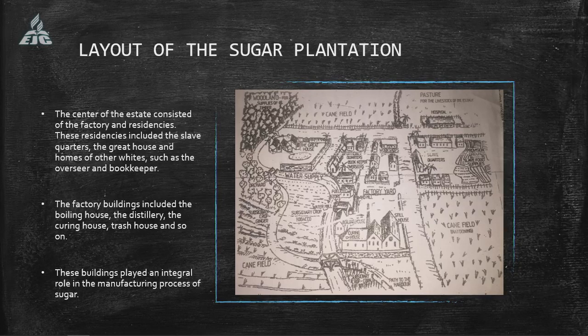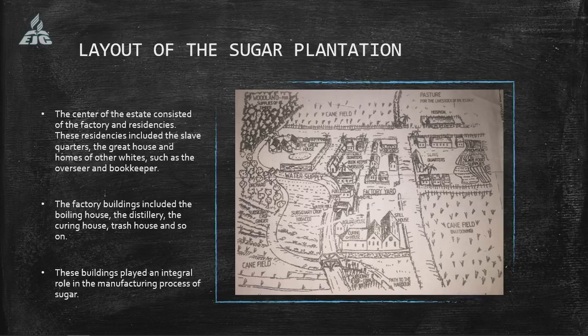We have the great house that was far distant away from everyone else. And then we have an area where they would plant cash crops. These crops were also to feed the slaves. They helped to feed themselves on the estate.